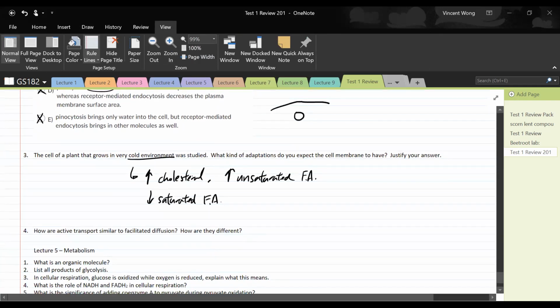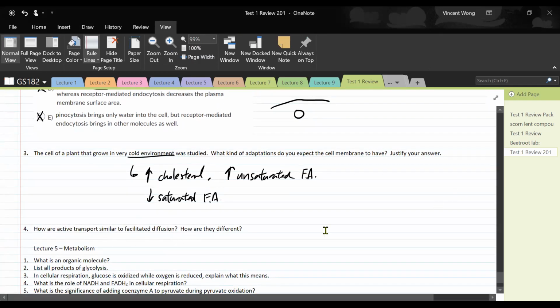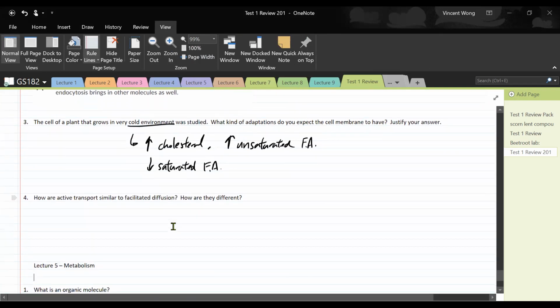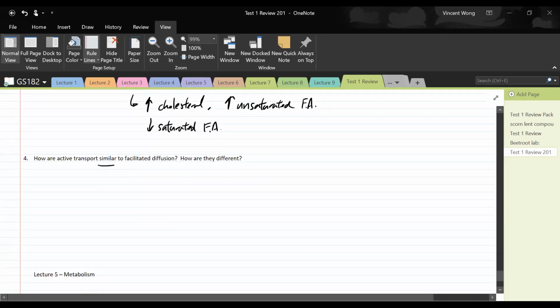How is active transport similar to facilitated diffusion? Well, they are similar because they both require membrane protein.